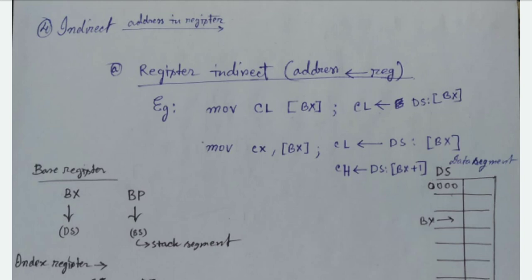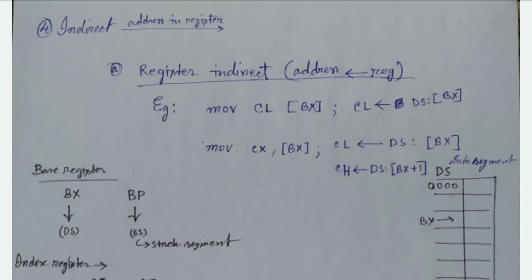So let's start. We have mainly four types of indirect addressing modes. The first one is register indirect. What does it mean by register indirect? Why indirect addressing modes?